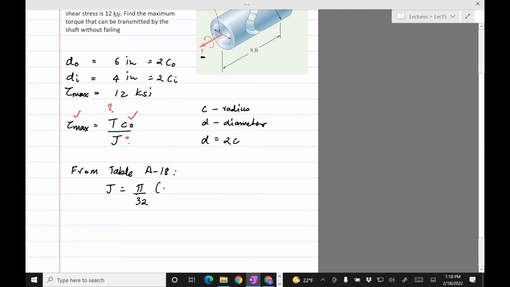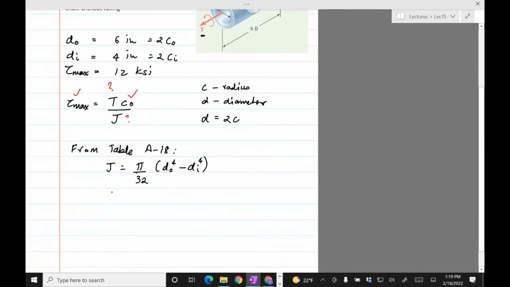But then this has 2 diameters, so it should be D0 raised to 4 minus Di raised to 4. Right. Six raised to 4 minus 4 raised to 4 comes out to be 102.1 inch raised to 4.